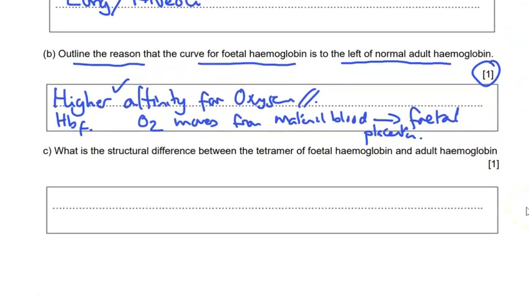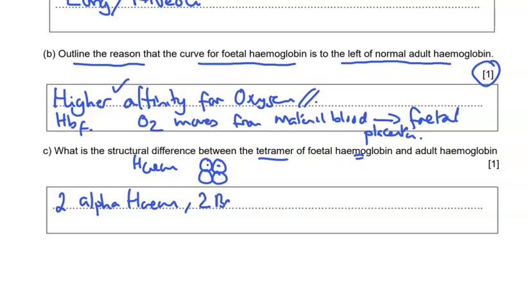It then asks us, what is the structural difference between the tetramer of fetal hemoglobin and adult hemoglobin? Tetramer just reminds us that there are 4 components to hemoglobin, 4 heme groups, and this is useful. Fetal hemoglobin has 2 alpha heme groups, so 2 of these components are heme alpha, and 2 of them are beta heme groups.